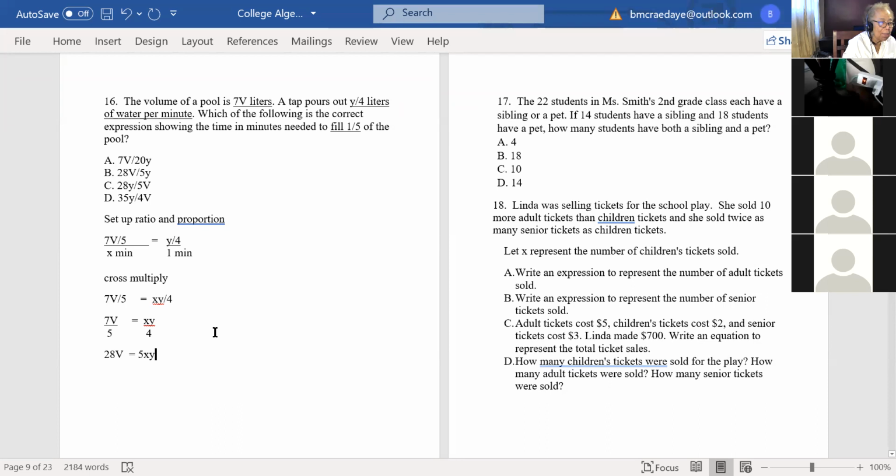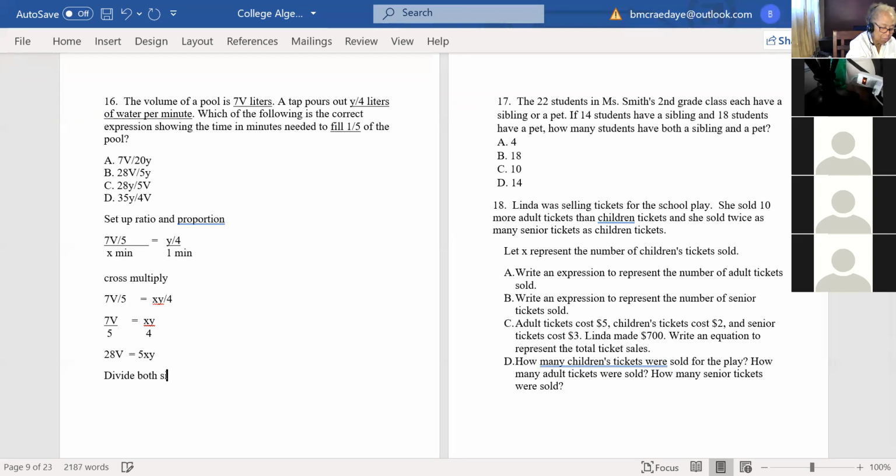See, X is the number of minutes. So we take this and solve for X. That means 28V divided by 5Y would be equal to X. So divide both sides by 5Y.